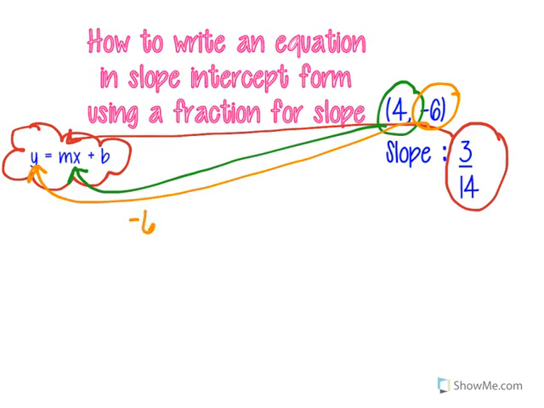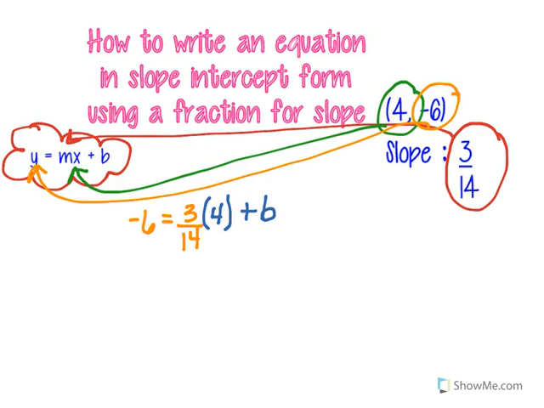So -6 equals the slope, which is 3 over 14, times x, which is 4, plus b. And you're trying to solve for b, which is the y-intercept.